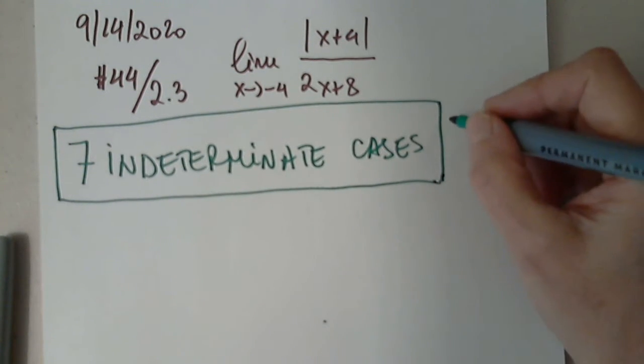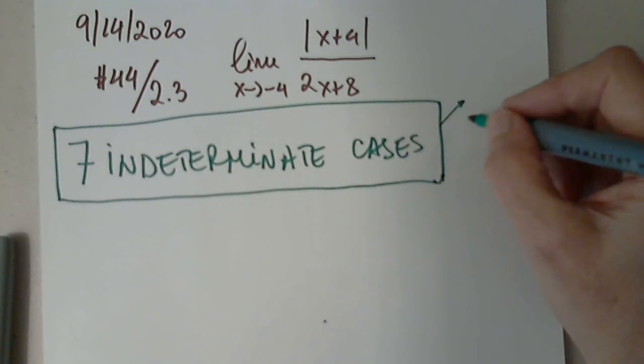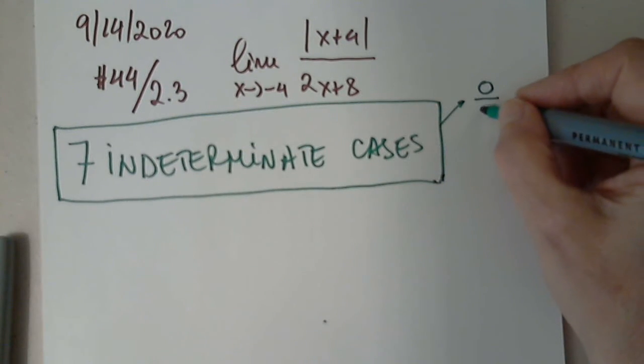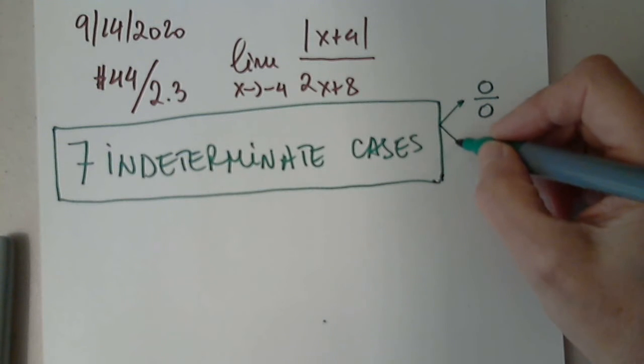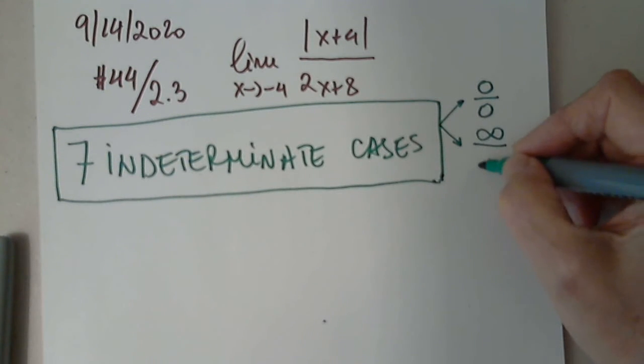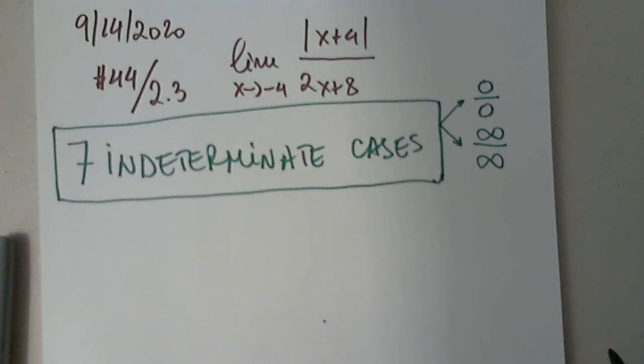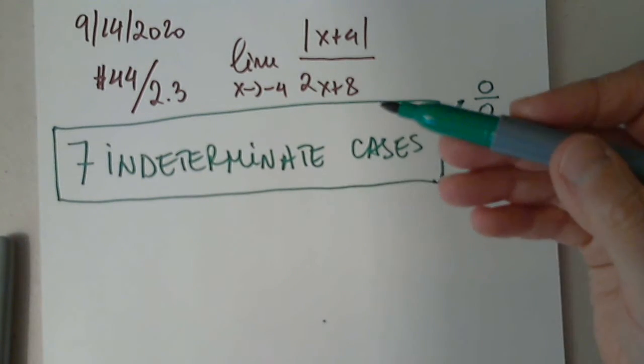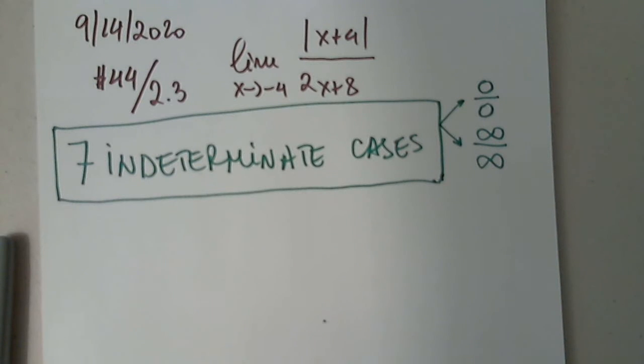So 2 of them I would like to add right this moment. 0 over 0, and the other one infinity over infinity. So these are 2 out of 7. So there are 5 more to discuss. I'm going to add as we encounter them. We're going to discuss all 7.